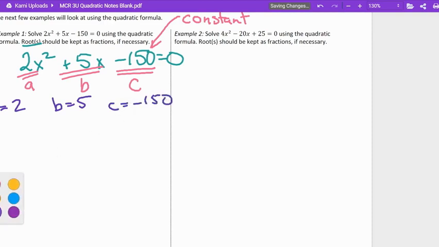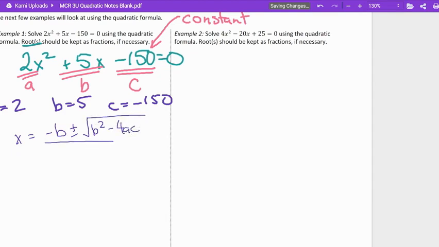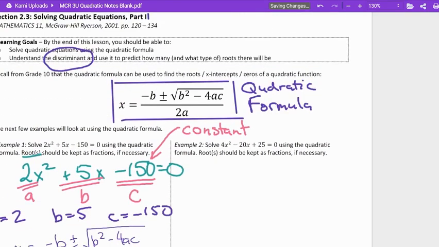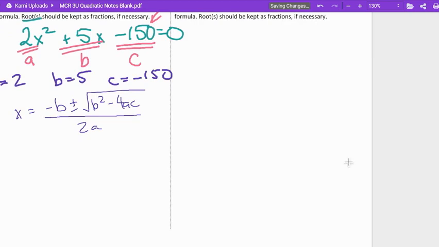Okay, let's write out the formula. x equals minus b plus or minus. I will always give this to you, but it is helpful to memorize it. And you might find as you do your homework, you just end up memorizing it, right? You will do it so many times that you will just memorize it.